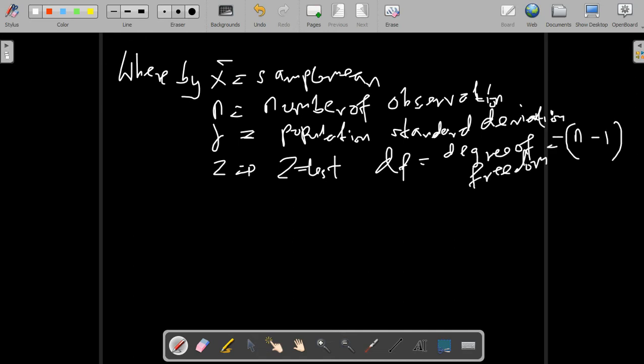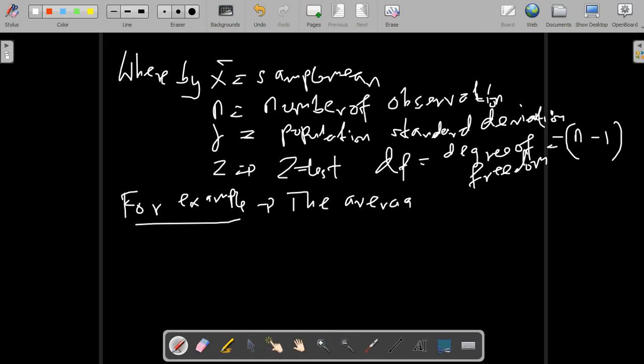Now let's consider the following example. The average zinc concentration recovered from a sample of measurements taken in 36 different locations in the river is found to be 2.6 g/ml.